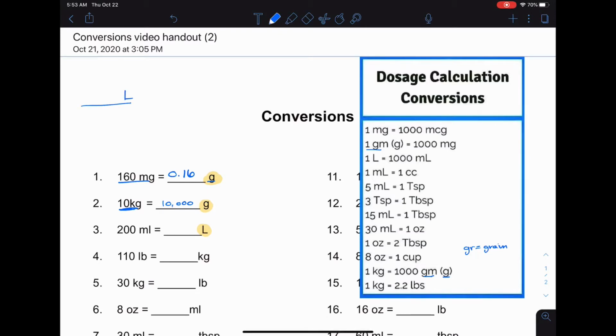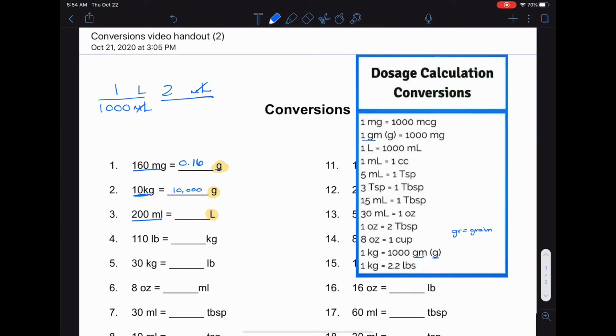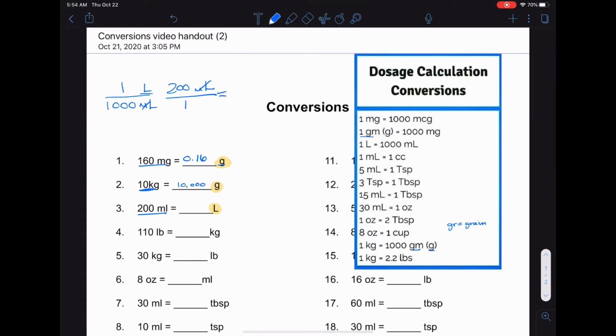And we see that 1 liter is equal to 1,000 milliliters. I want to get rid of milliliters, so I'm going to put that up top, those cancel. Plug that 200 in right there. All that's left is 1 liter. Throw that over 1, and we're ready to multiply across.